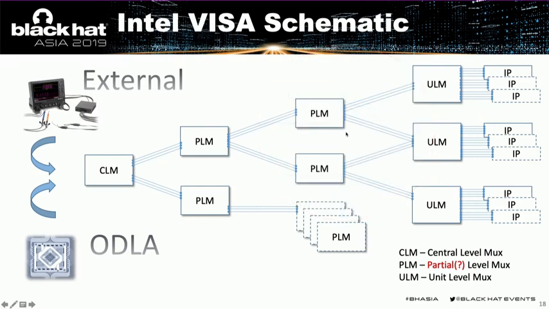PLMs are chained together on multiple levels to finally route the selected signals to Cilium. Each multiplexer operates by lanes, each 8 signals wide. In this scheme, we also depicted the fact that Visa can expose the chain of hardware signals to an external logic analyzer.